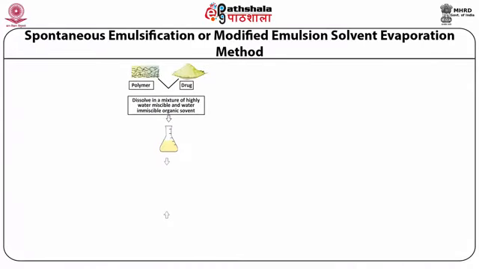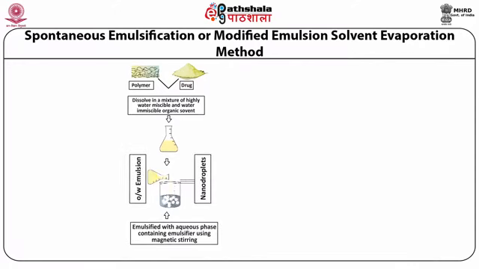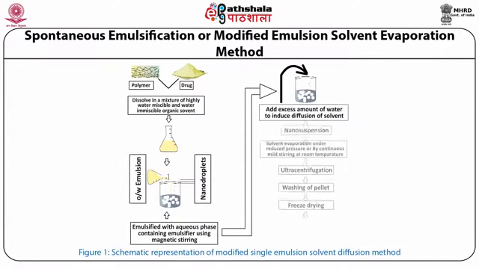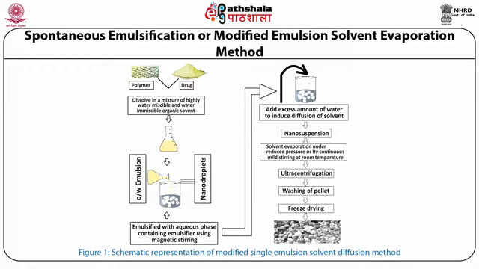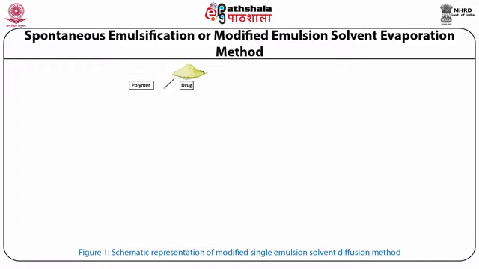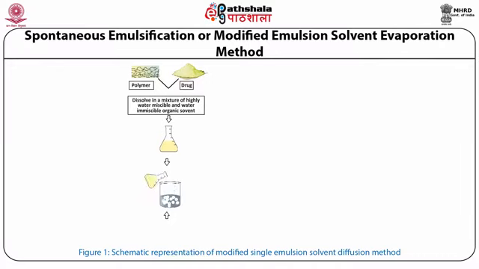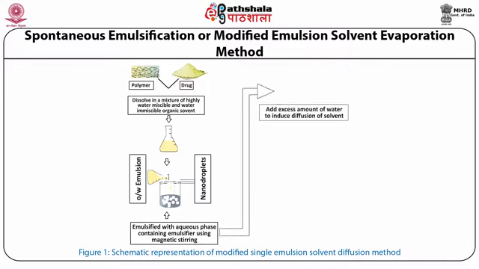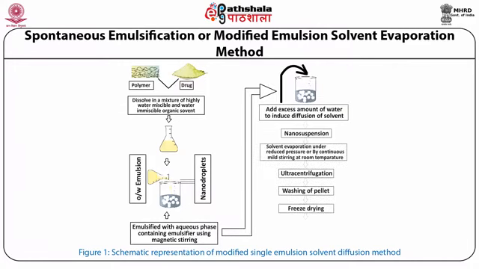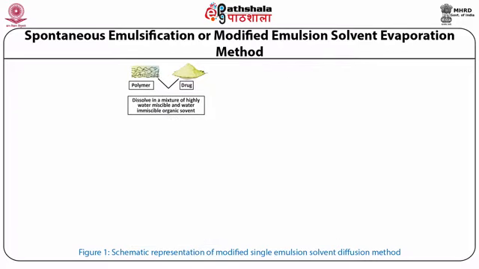A schematic representation of the modified single emulsion solvent diffusion method is shown in this figure. First, we dissolve drug and polymer in a mixture of highly water miscible and water immiscible organic solvent. After dissolving, we emulsify this phase into water in the presence of a particular stabilizer like PVA or Tween 80 at an optimum concentration.